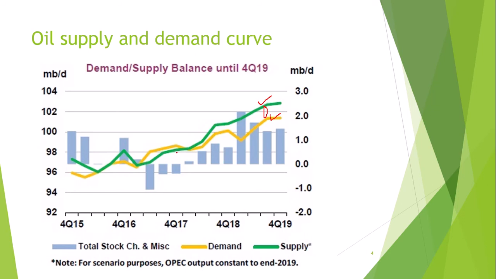In this case, supply is less and demand is more, then it will affect this. So there is a balance between supply and demand. For example, here we can see that from this point to this point, supply decreases, and therefore it affects the prices of the oil.